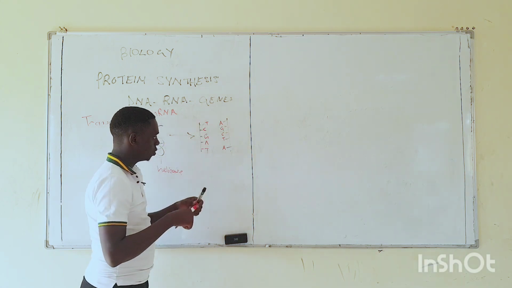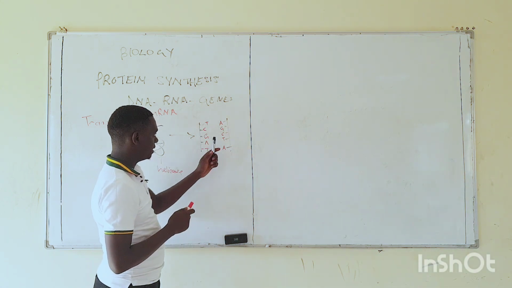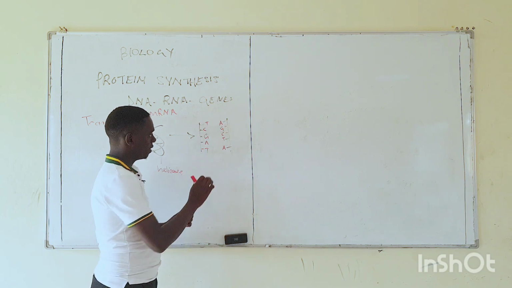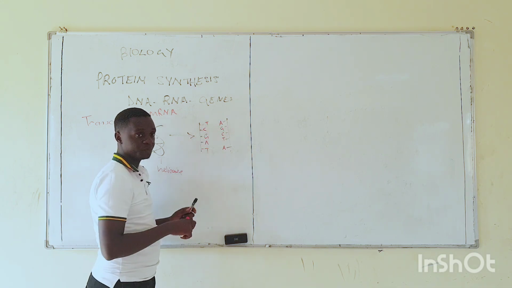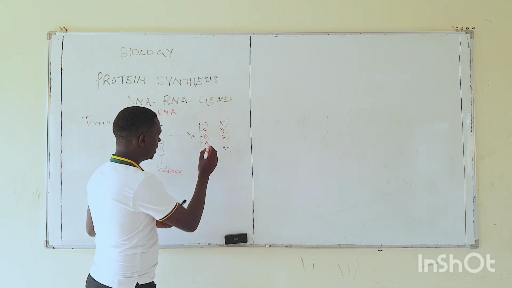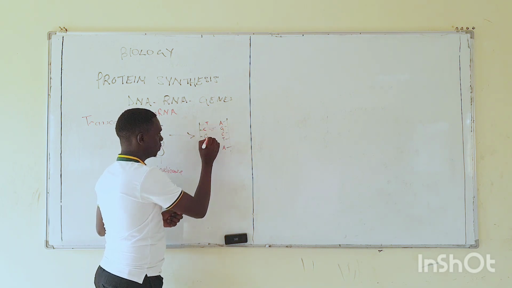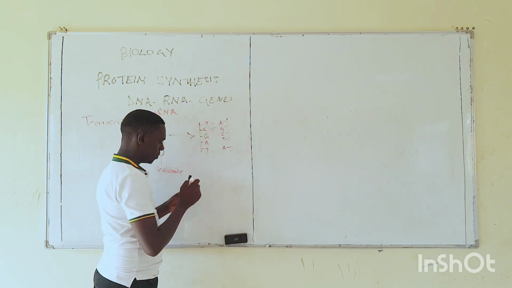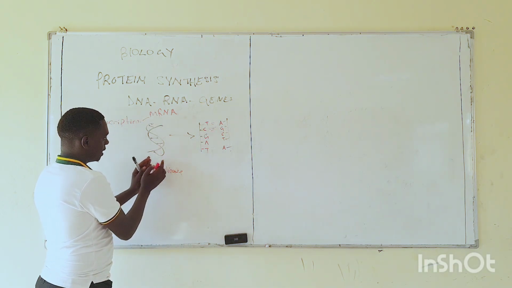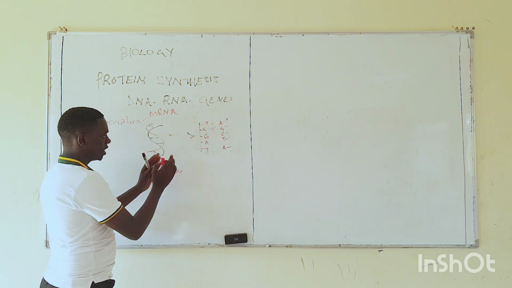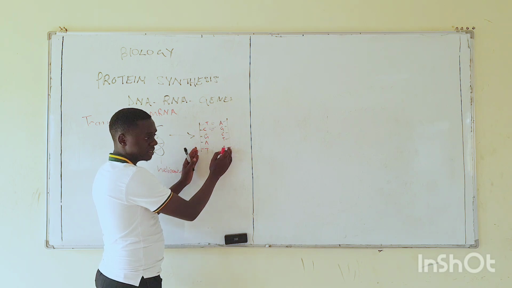Don't forget to mark this combination. Thymine goes with adenine and guanine goes with cytosine. And the bonds here, they are triple bonds. You have double bonds. Now, I said this enzyme comes and it breaks these bonds, exposing the bases freely.